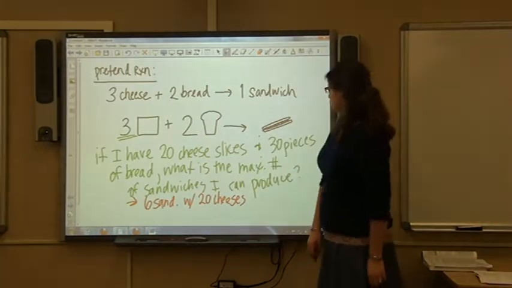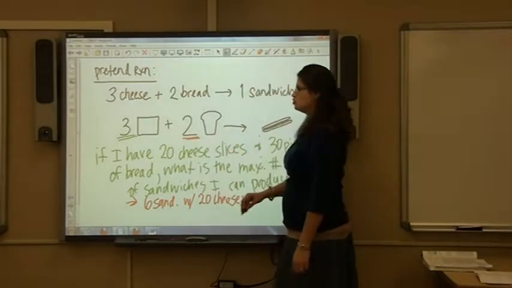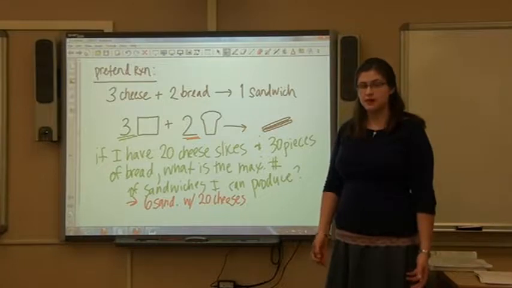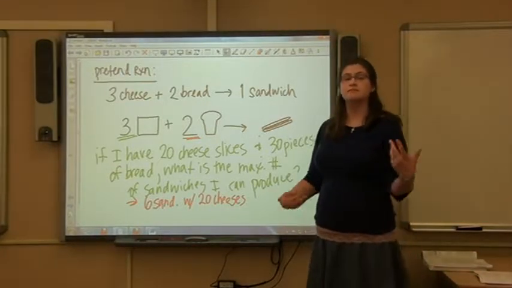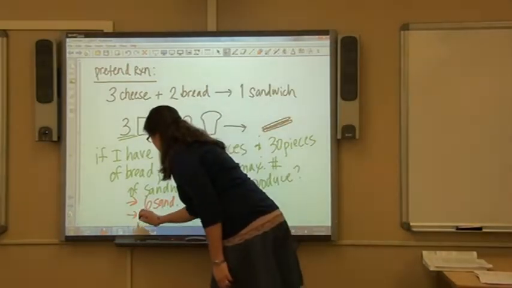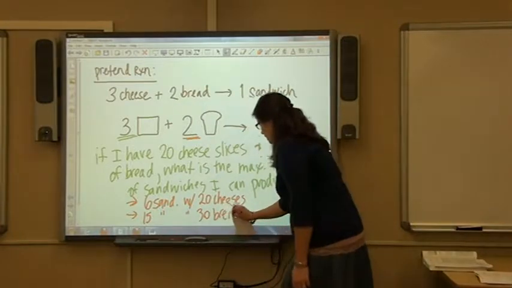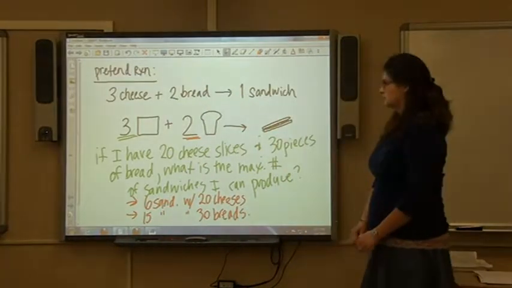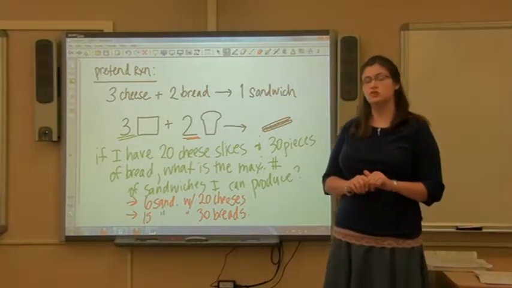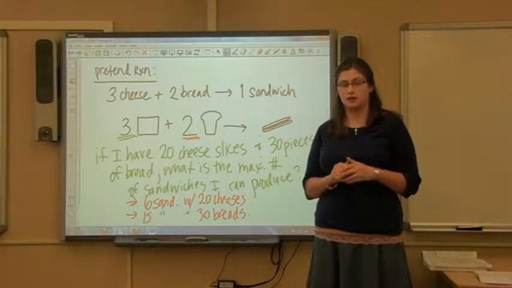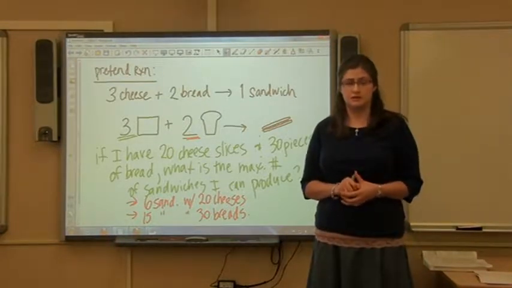Now, I have 30 pieces of bread, and I need 2 pieces of bread for every sandwich. What's the maximum number of sandwiches I can make with those 30 pieces of bread? 15. Now, the strategy in doing these limiting reagent problems is to look at these 2 numbers that you're getting and figure out which one is the smallest. 6 is clearly smaller than 15.